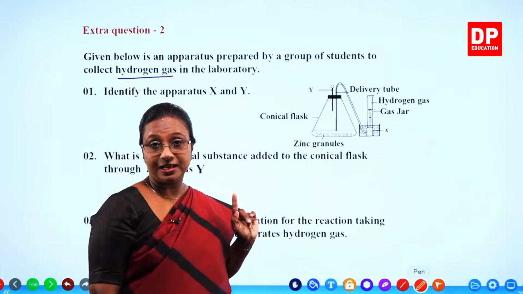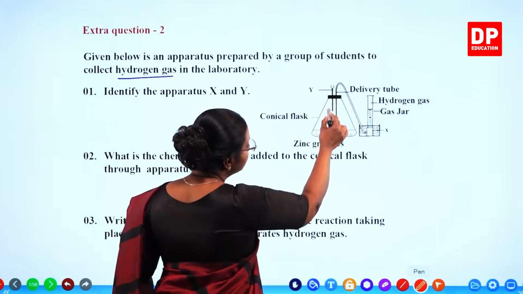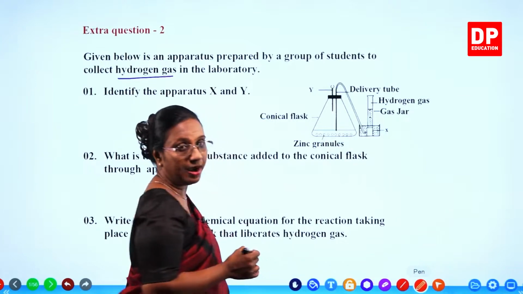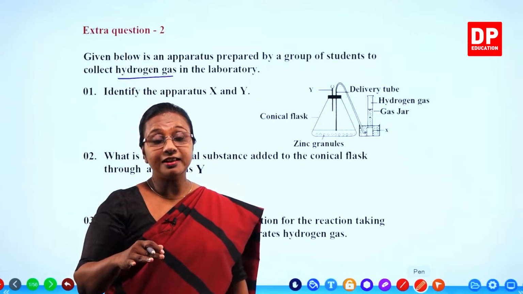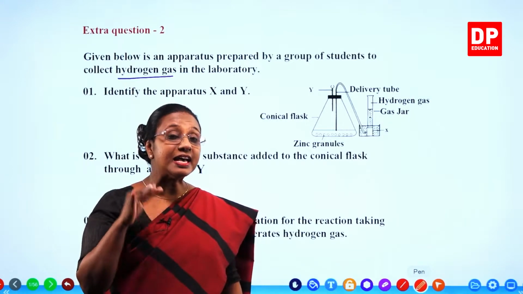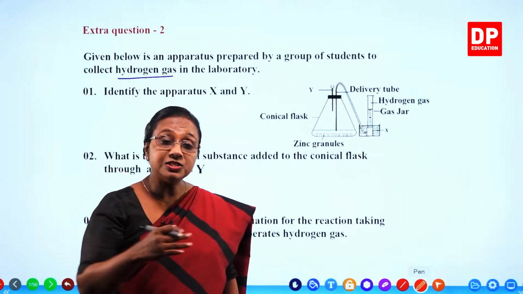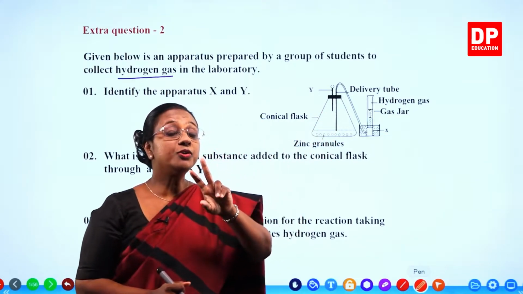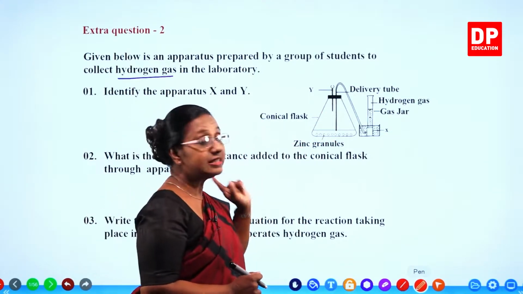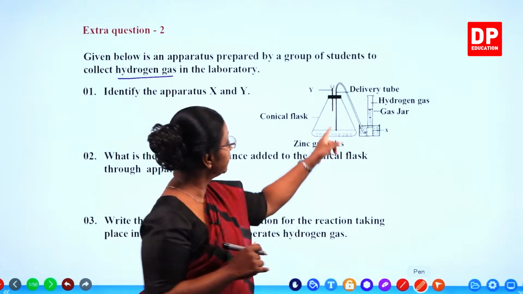What is the mistake here? The thistle funnel has to come right down to this part so that the acid directly falls on the zinc granules, and also so that the gas that is liberated does not enter into the thistle funnel. So that is for two purposes. At the same time, you all can remember students, the delivery tube.